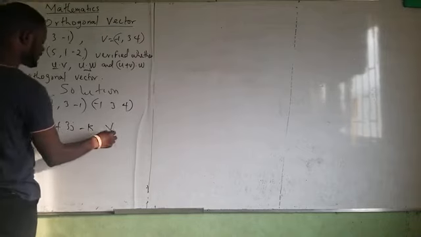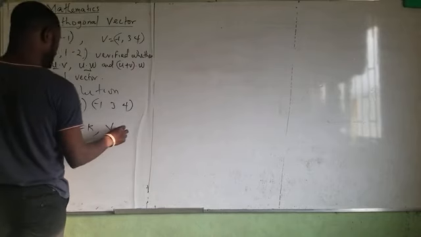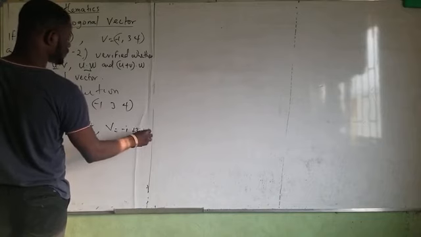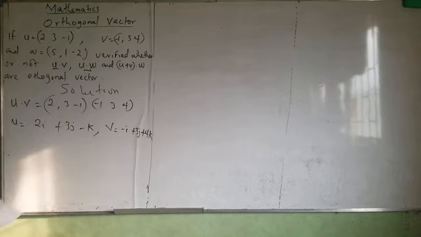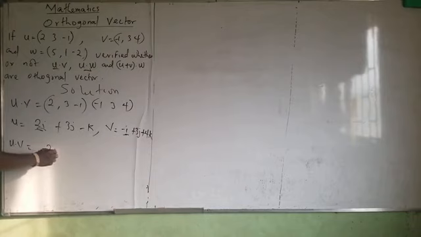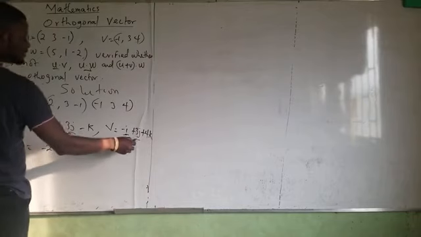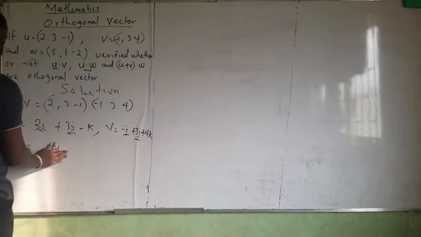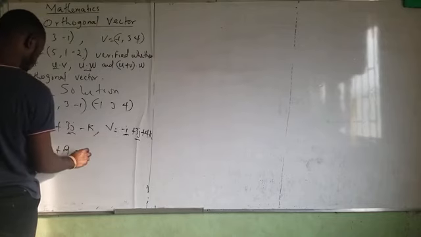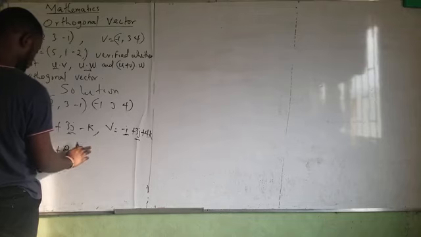I can also write my v as minus i plus 3j plus 4k. Now, there won't be any problem. If I'm to dot them together, u dot v, I'm talking about this times this, which is going to be minus 2, plus this times this, it will be plus 9, minus 4.